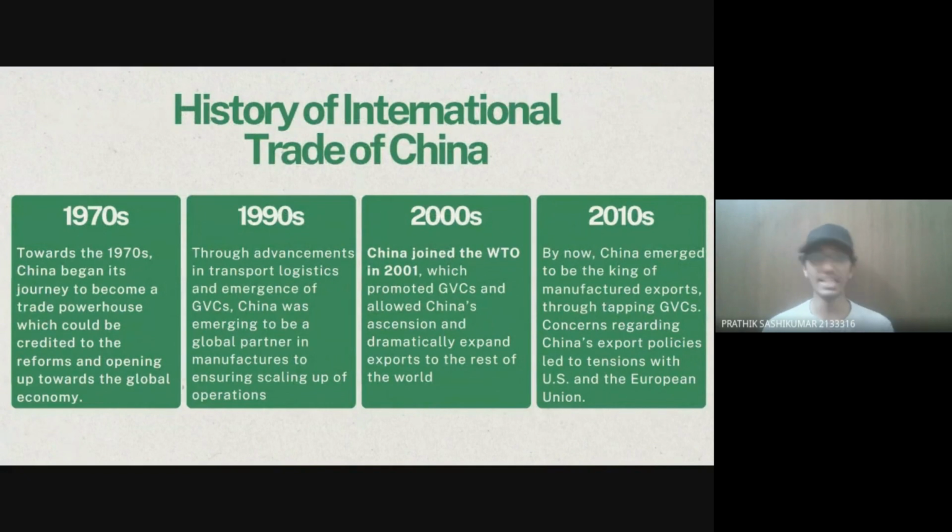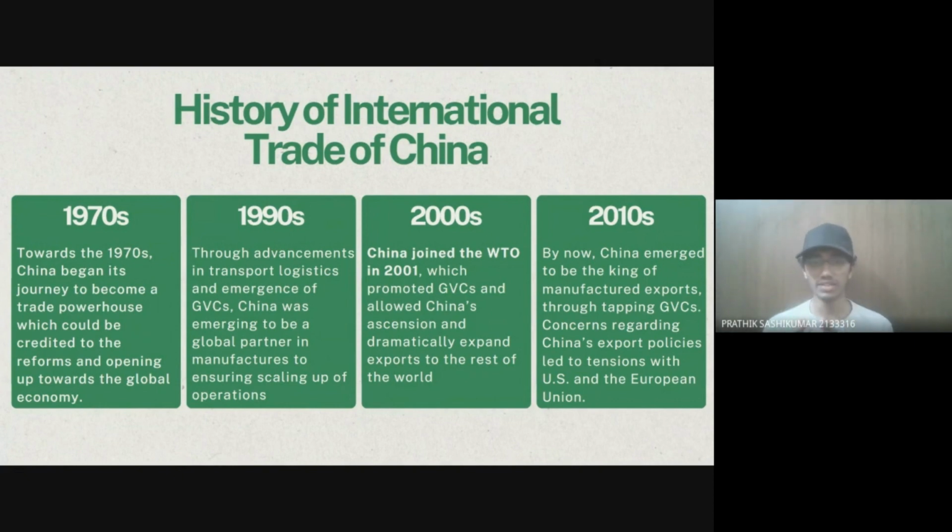Now, looking at the history of international trade of China, it started in the 1970s, where China began its journey to become the trade powerhouse by reforming and opening up towards the global economy. During the 1990s, through advancement in transport logistics and the emergence of global value chains, China was emerging to be a global partner in manufacturing due to its scaling up of operations.